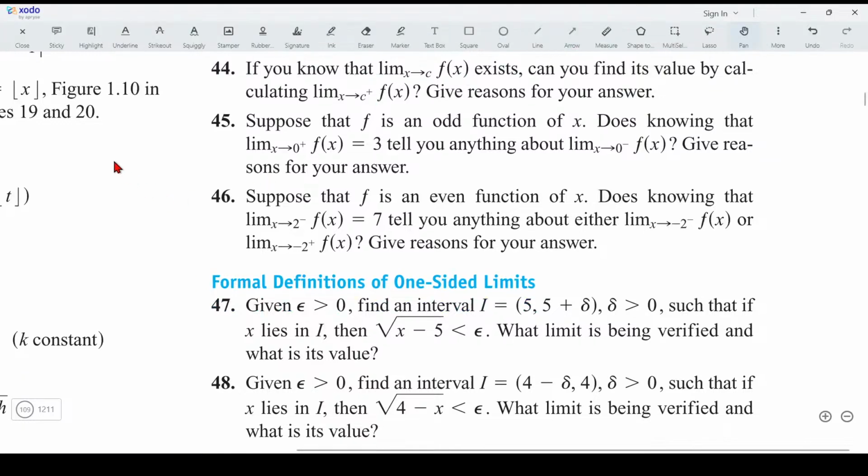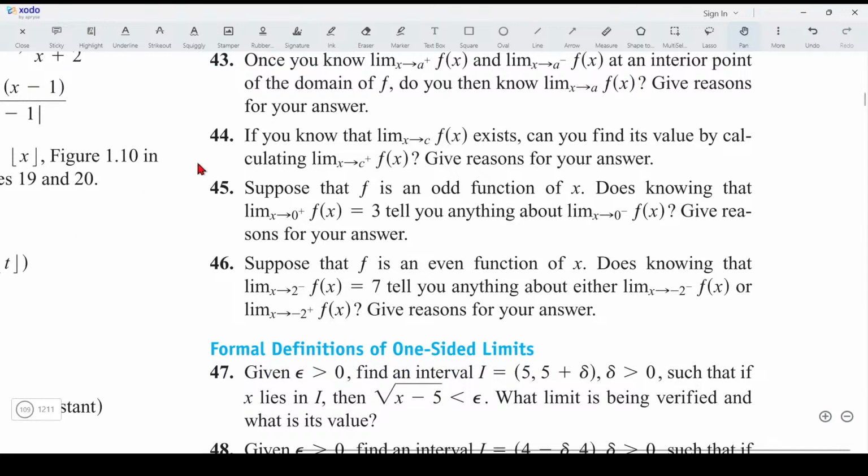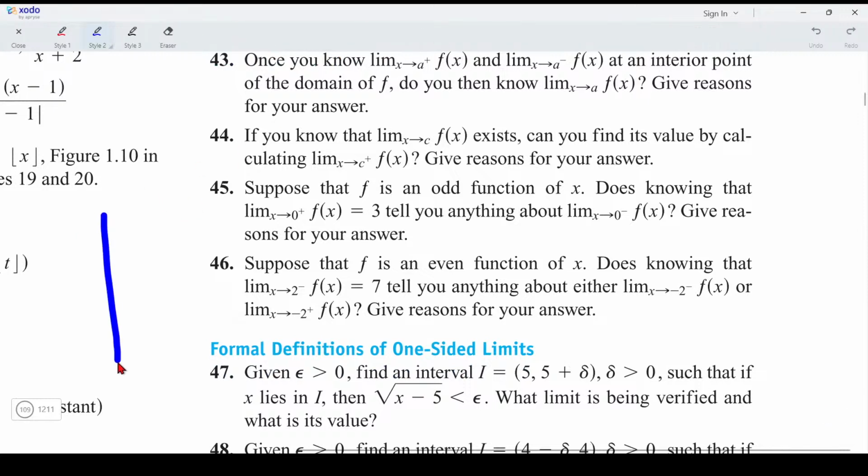So what is an even function? An even function is f of minus x equals f of plus x. So let's say this point is 7 and this point is 2. What does this mean? x tends to 2 minus, so we are approaching 7, something like this.